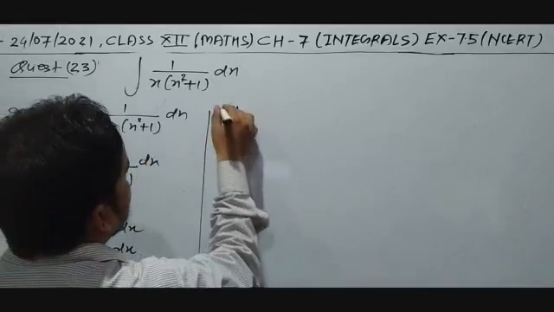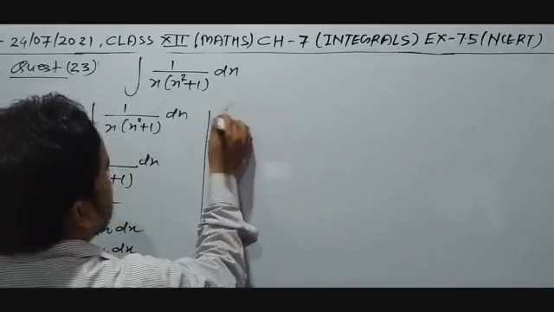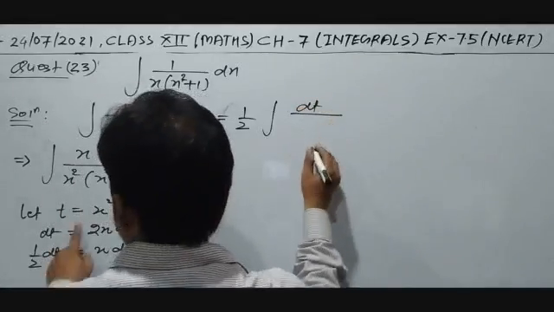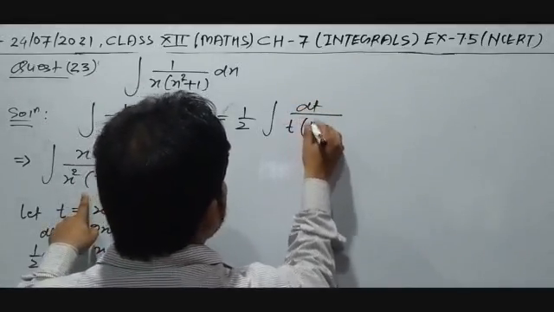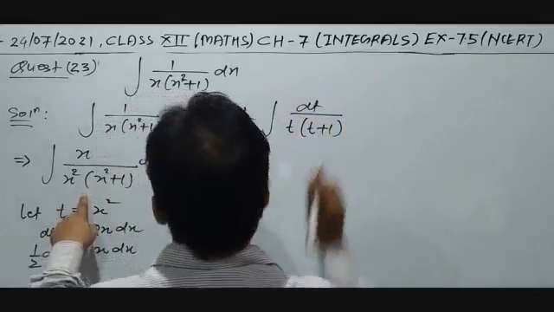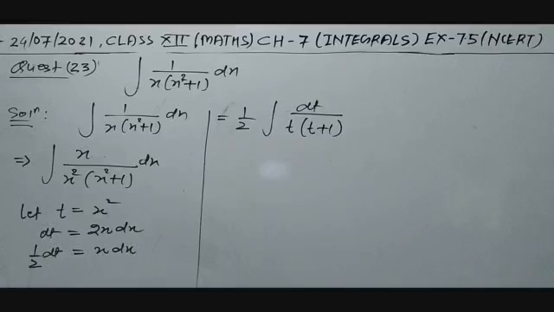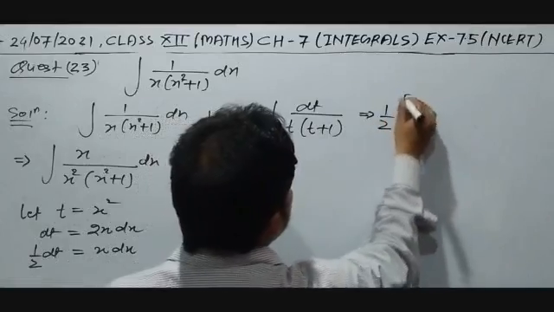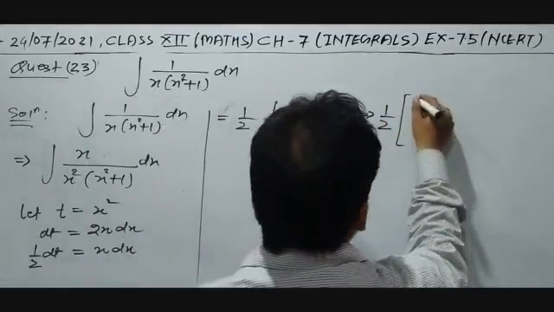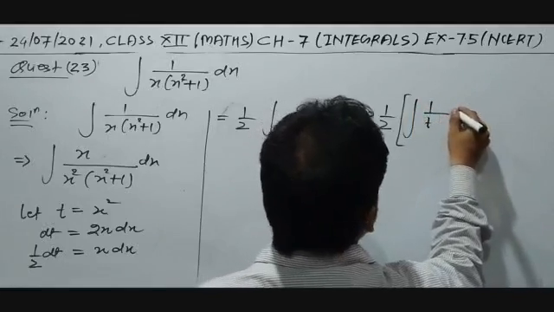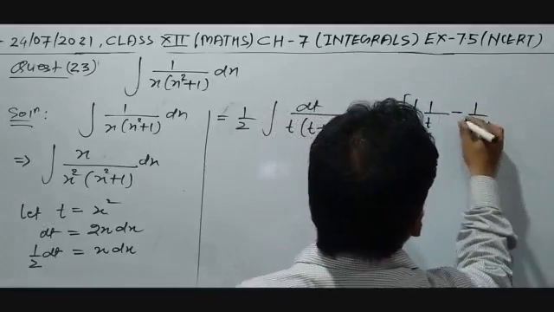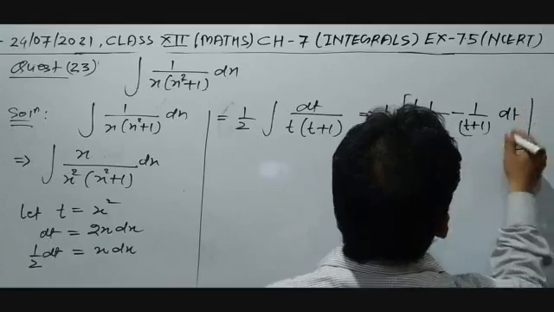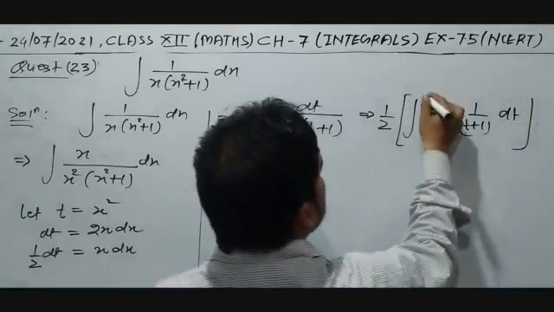Now x times dx is replaced by 1 by 2 dt. So 1 by 2 is outside the integral: 1 by 2 integration over dt whole upon t and next t plus 1. Now you can integrate easily. In this format you can write 1 by 2 integration over 1 upon t minus 1 upon t plus 1 dt, curly bracket closed.